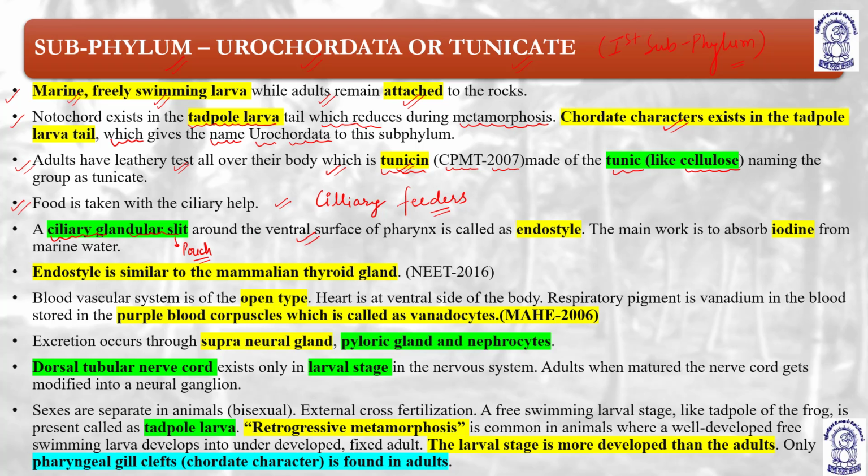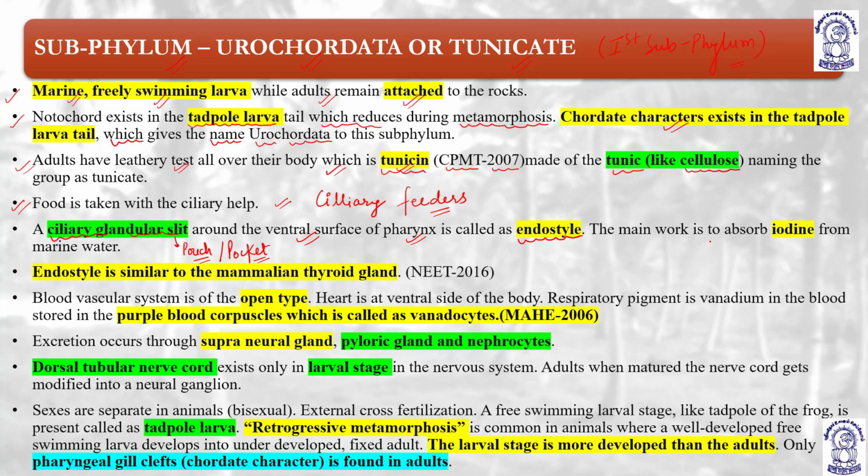Around the ventral surface of the pharynx, just in front of the pharynx, there is a glandular slit, a pouch, a pocket, which has cilia, and this is known as the endostyle.